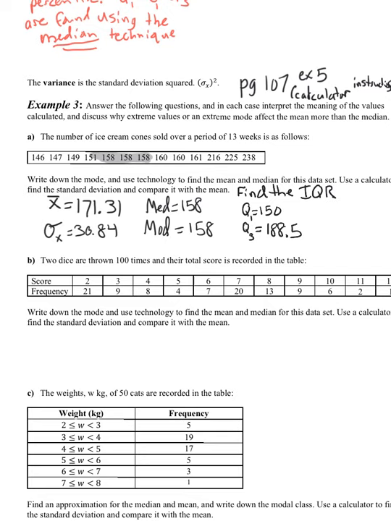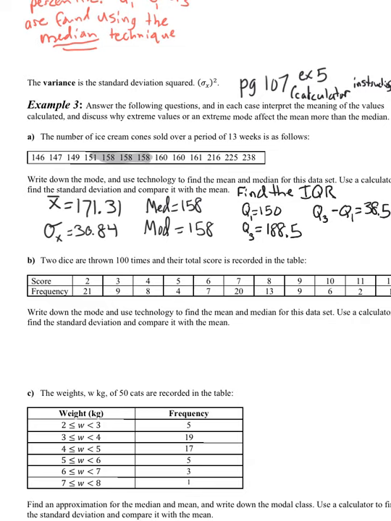Yeah, that's the IQR. What would the actual number be if I did 188.5 minus 150? That's your IQR. 38.5. Exactly, that's it. So that's how you find the interquartile range. You just take Q3 minus Q1. 38.5. That's your interquartile range.